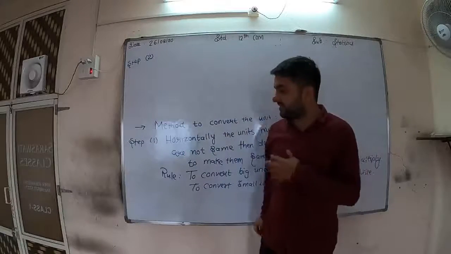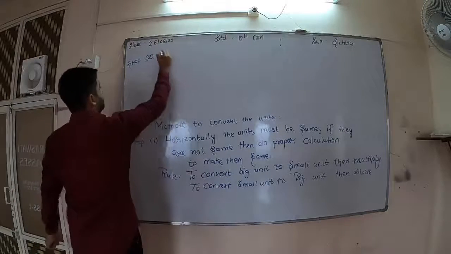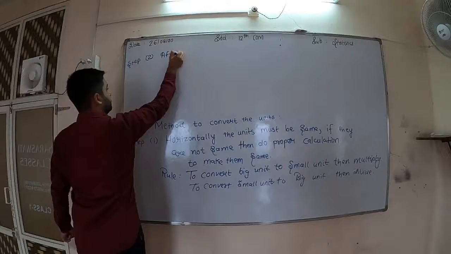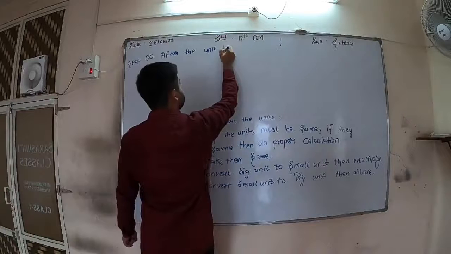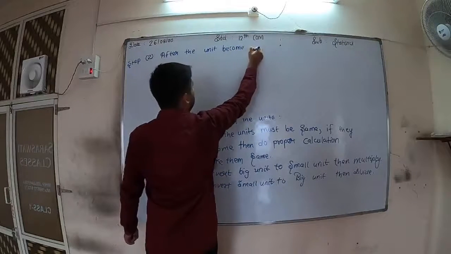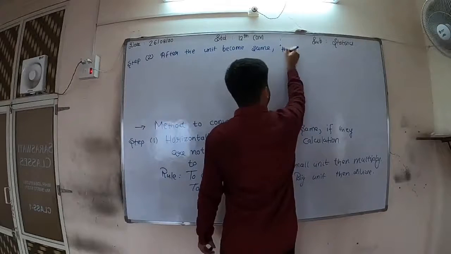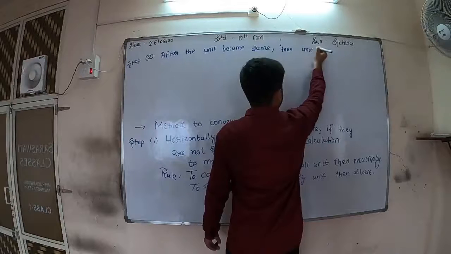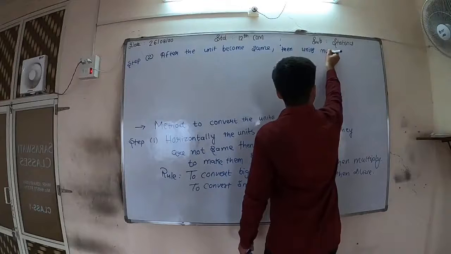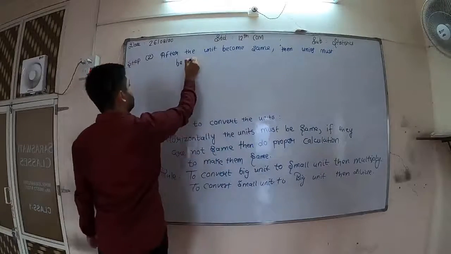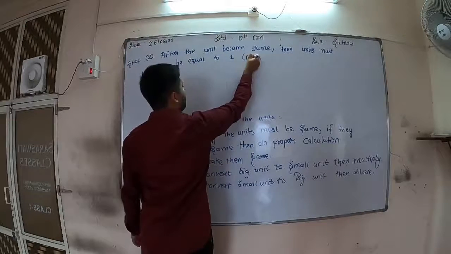Horizontally the units are same, that is step 1. Now step 2, what you need to do? After the units become same, the unit must be equal to 1. 1 means per unit.